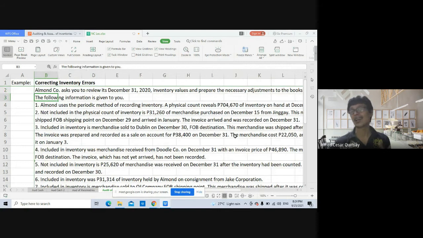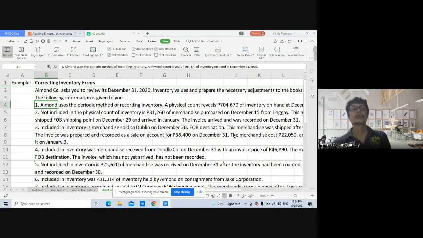So, para kang auditor. Ikaw yung auditor dito. Para tayong investigador. Okay, number 1. Almond uses the periodic method of recording inventory.